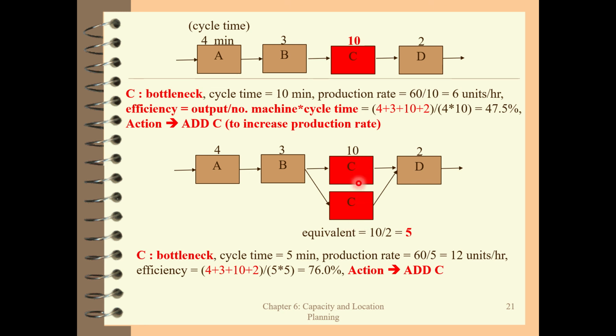So the time that you need to produce 1 unit is equal to 10 divided by 2, which is 5, and this is the equivalent cycle time of 5.